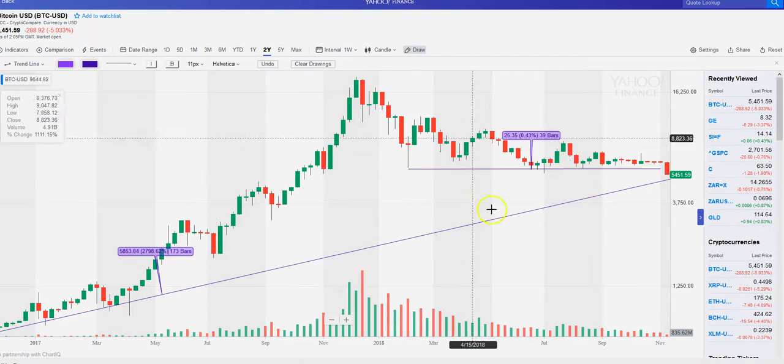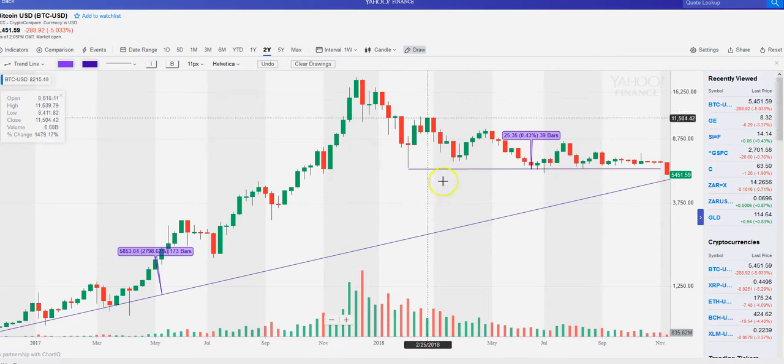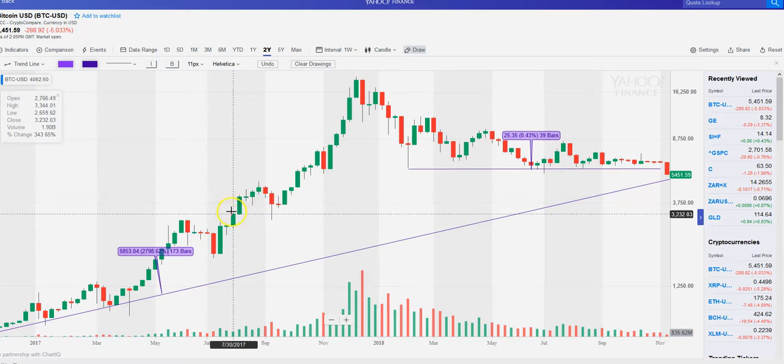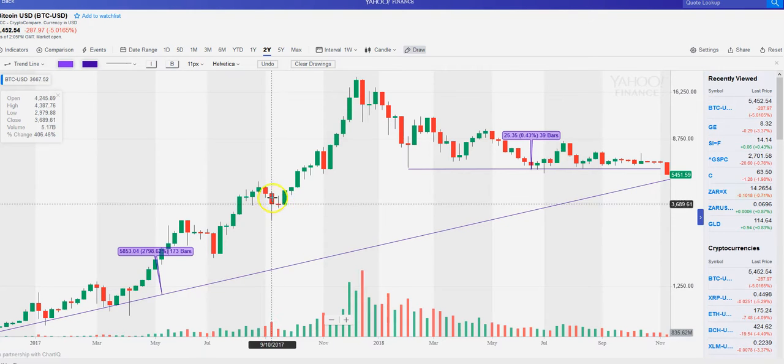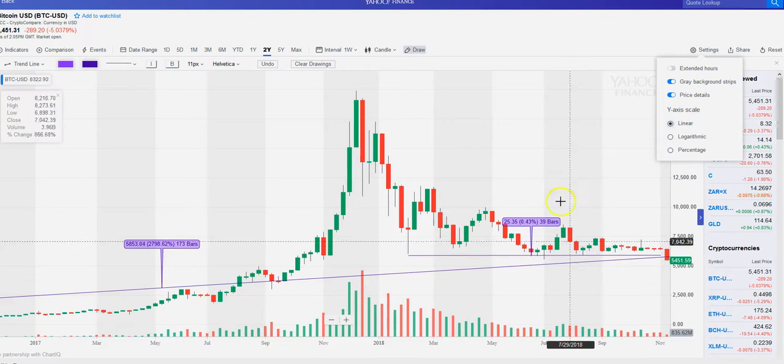So let's go back a little bit earlier, and let's see what else we can see here. We have this kind of wavy support here down at the 4,300. Well, that's actually a pretty big range, 4,600 down to 3,600. And actually, let's change this back to linear so we can see a bit better.